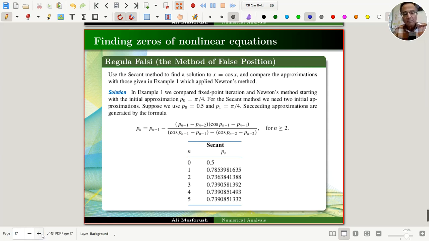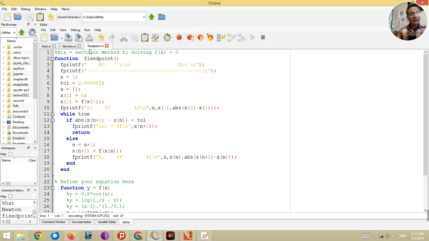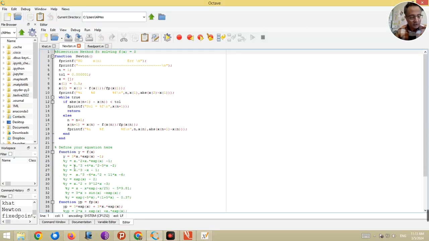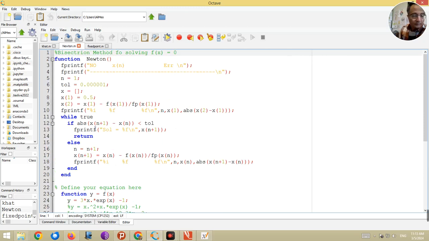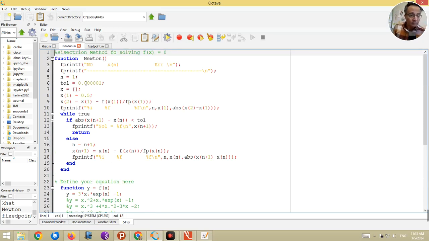It's very, very easy. Let me show you the MATLAB program for the second method, and we compare it with the bisection method and Newton method. For example, for the fixed point method, let me consider this equation: 3x e to the power of x minus 1. We want to solve this equation with this error tolerance.